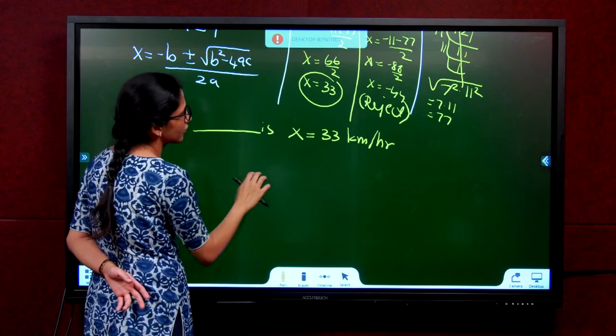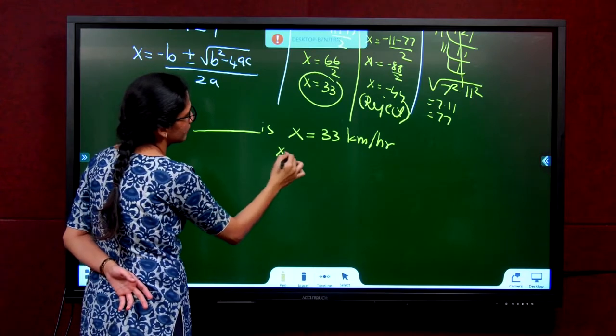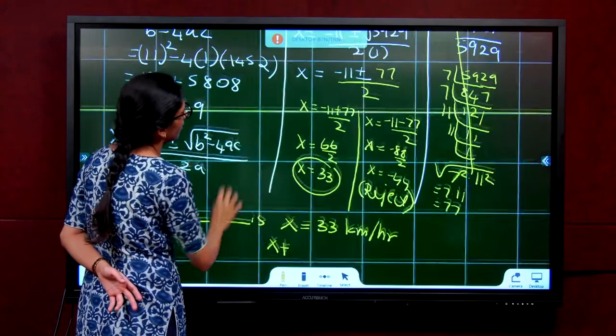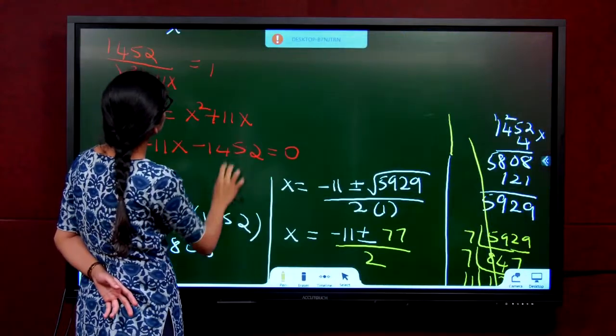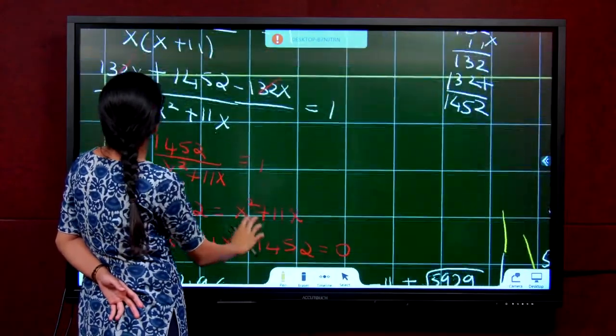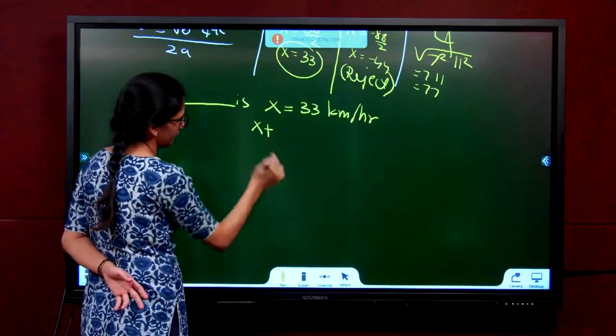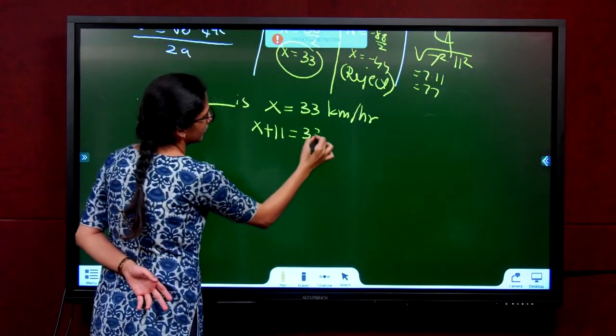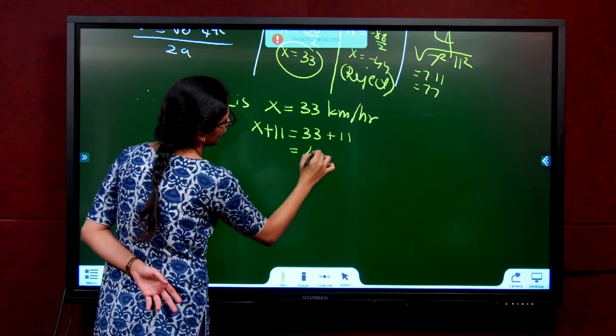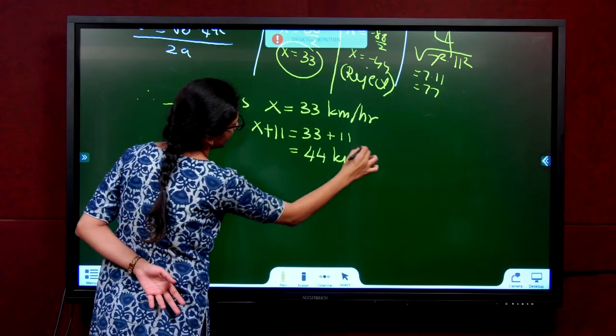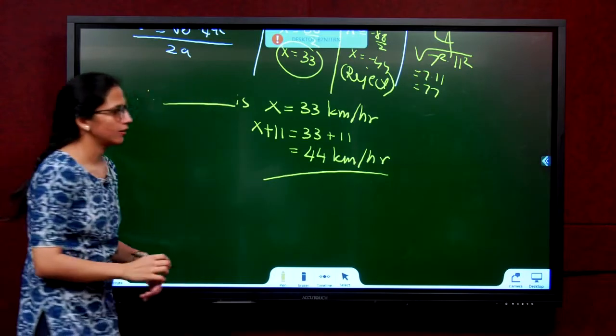How much is the express train that we learnt on top? X plus, how much did we take it as? X plus 11. So take x plus 11 again. 33 plus 11, 44 kilometer per hour.